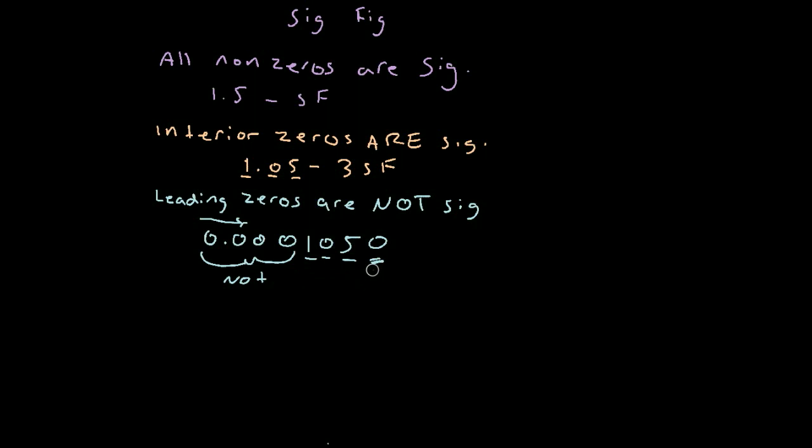Well, this leads me to the next rule, which is trailing zeros. Trailing zeros are significant after a decimal point.